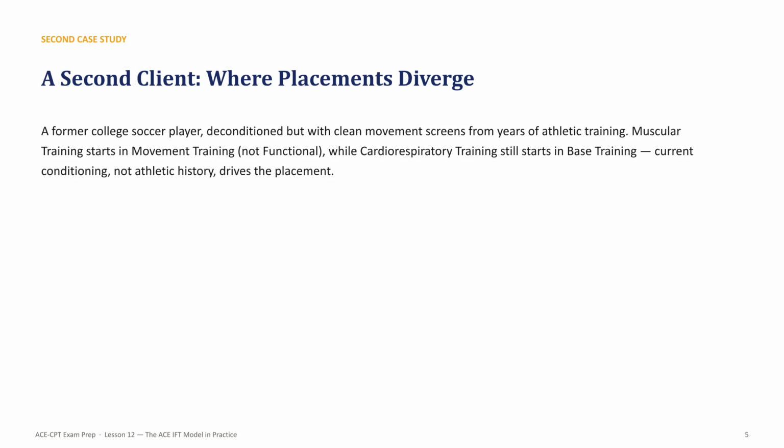Here's a second client, and this one is important because it shows you where placements can diverge in a way that might surprise you. This client is a former college soccer player, deconditioned now, but with clean movement screens thanks to years of athletic training. So where does muscular training start? In movement training, not functional training, because the movement quality is already there.